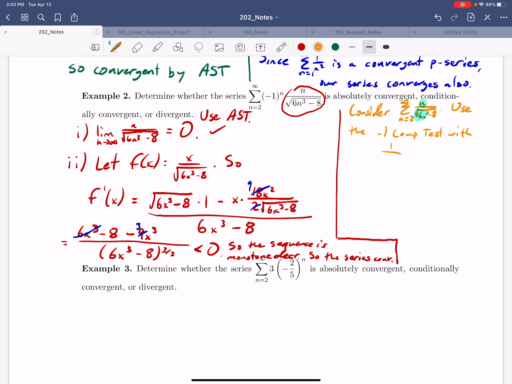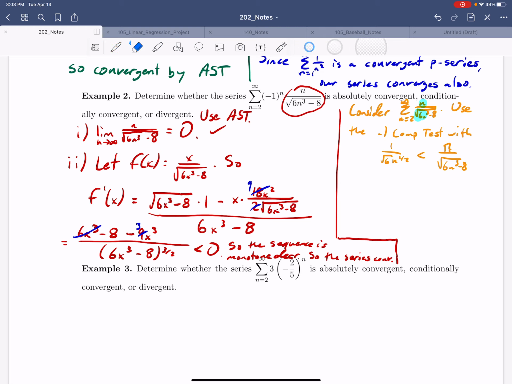I think you want to do 1 over root 6 n to the 1/2, and that way this guy will be less than our term right here, that's n over the square root of 6n cubed minus 8. There you go. You have to be a little careful by including the root 6.